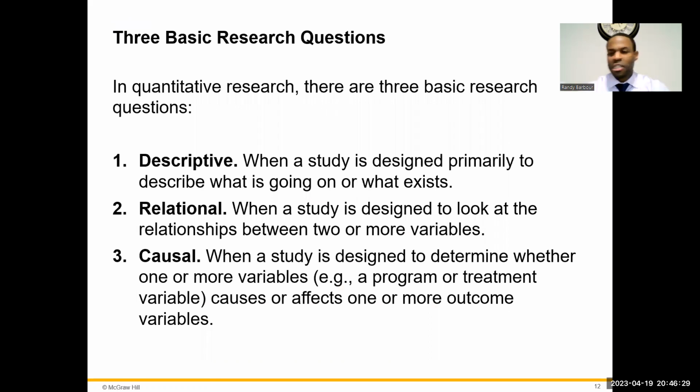Okay. Just to revisit those 3 basic research questions, when we talk about inferential statistics, you got descriptive. We talked about descriptive, the variance, the mean, median, mode, standard deviation, and also looking at those graphs. And then we're looking at relational, right? That's correlation. We're looking at the 2 variables and how they are related to one another, the association between those 2 variables. And then the last thing is causal, and causal has to do with differences. So when we're looking at that example with the model group and the no model group as far as aggressive behavior, we're looking at cause, right?